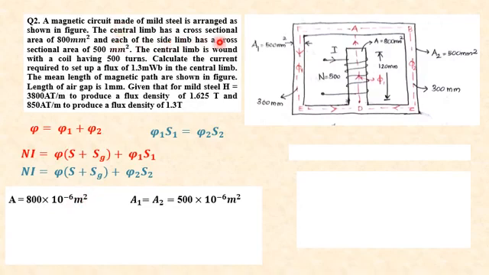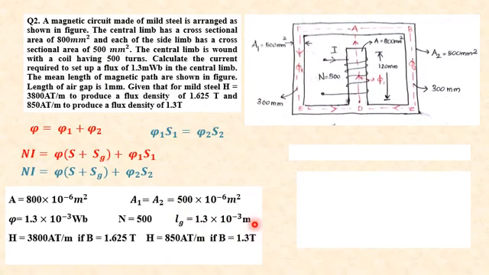Then the area of the side limbs, A1 and A2, both are the same, A1 equal to A2 equal to 500 mm square, or 500 into 10 raised to minus 6 meters square. Then the flux in the central limb is given, phi equal to 1.3 into 10 raised to minus 3 Weber. Then the number of turns, N equal to 500. Then the air gap is given, that is 1.3 into 10 raised to minus 3 milliweber.